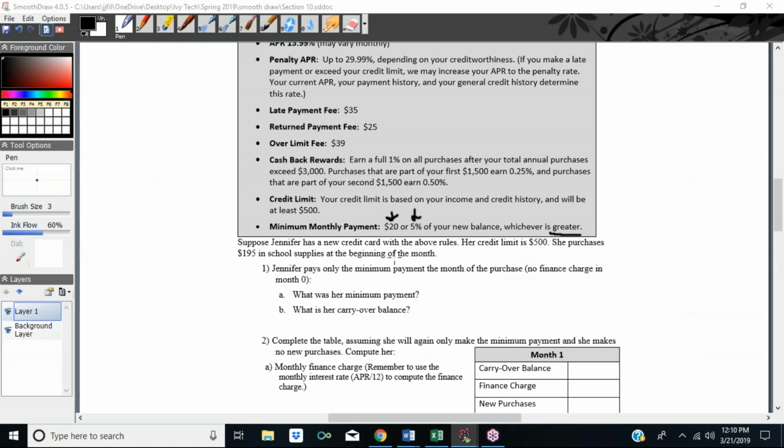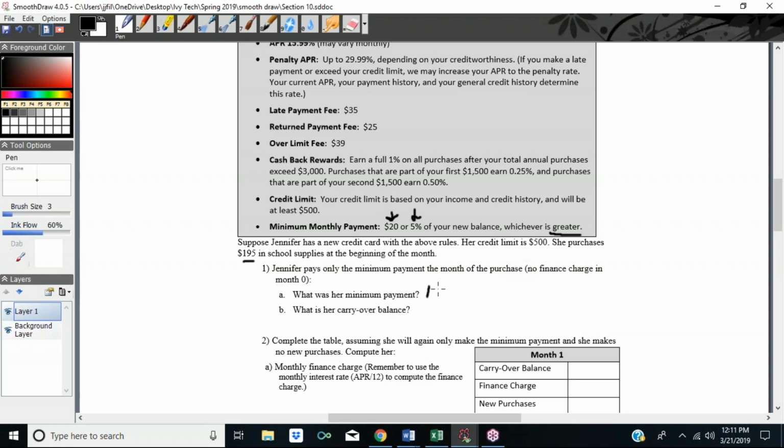So let's see. Suppose Jennifer has a new credit card with the above rules. Her credit limit is $500. She purchases $195 in school supplies at the beginning of the month. Jennifer pays only the minimum payment the month of the purchase, so there's no finance charge. What is her minimum payment?